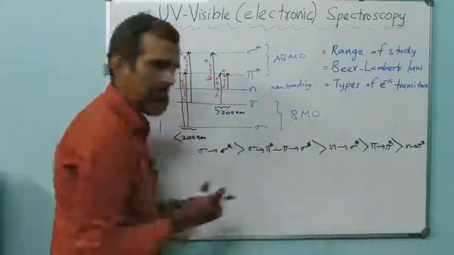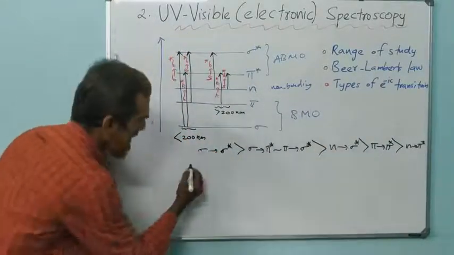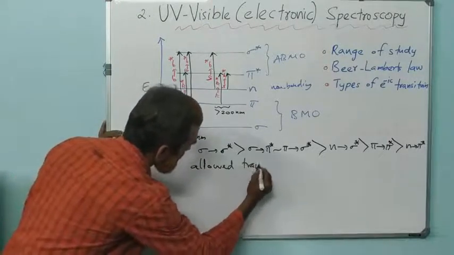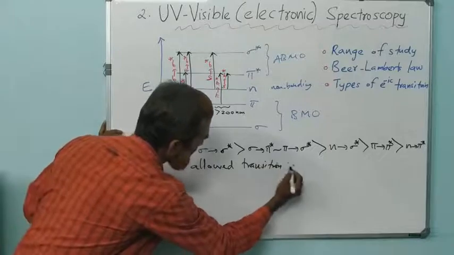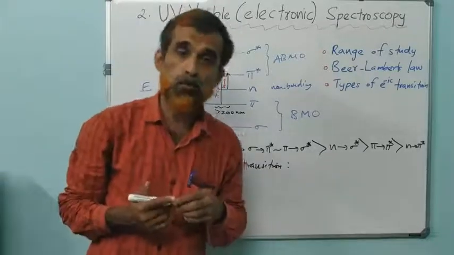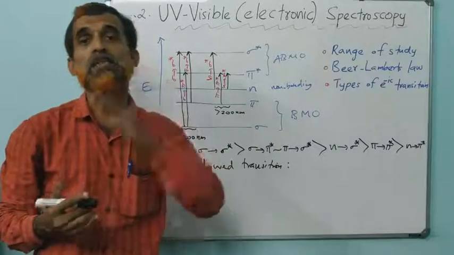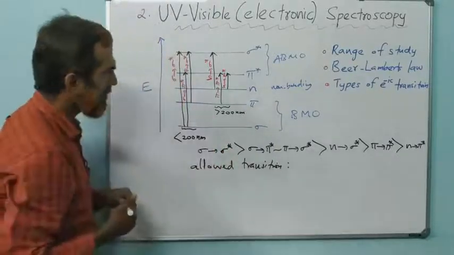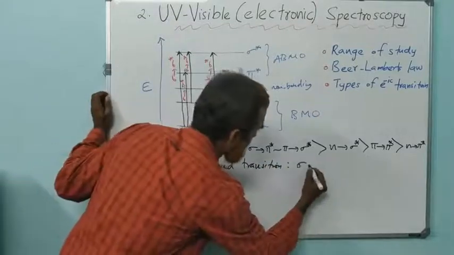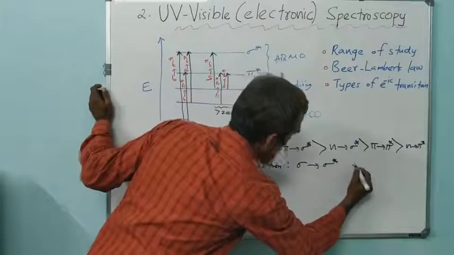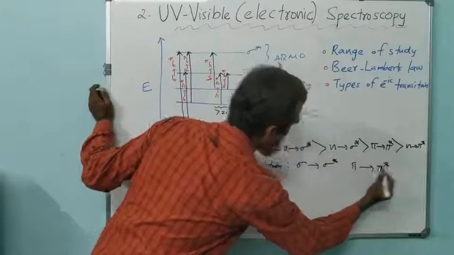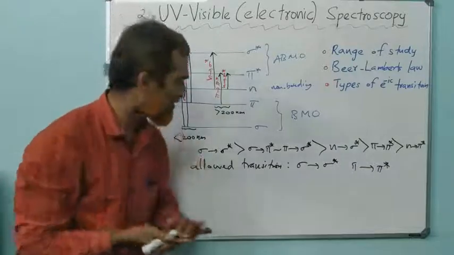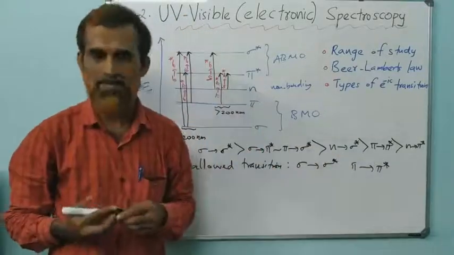Now in the transitions, we can see two types of transition. One is called allowed transitions. Another selection rule which comes in electronic spectroscopy is that transition takes place between orbitals having similar symmetry. So if you take sigma to sigma star as well as pi to pi star, these two transitions are called allowed transition or symmetry allowed transition, because both orbitals are of the same symmetry.